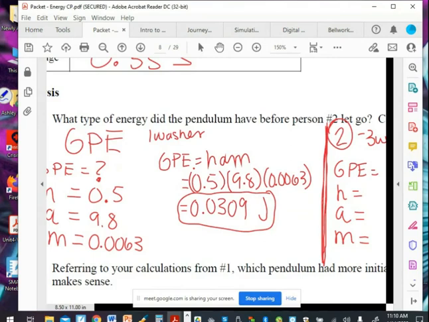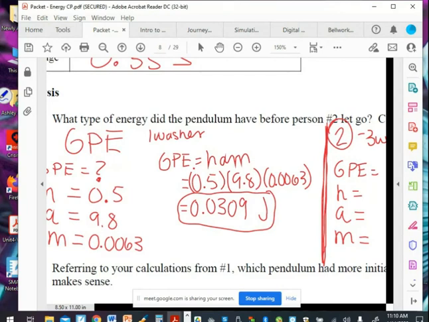Now, usually when we calculate problems for energy or for joules, we're used to seeing numbers in the hundreds or maybe even thousands. But it should make sense that this number is small, because I'm talking about a washer. You can hold it in your hand and tell that it doesn't have a lot of mass.